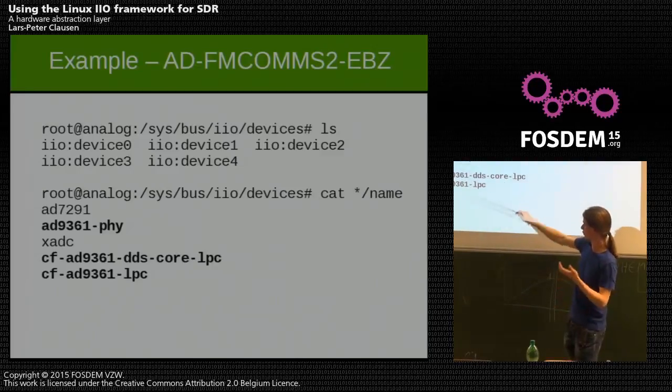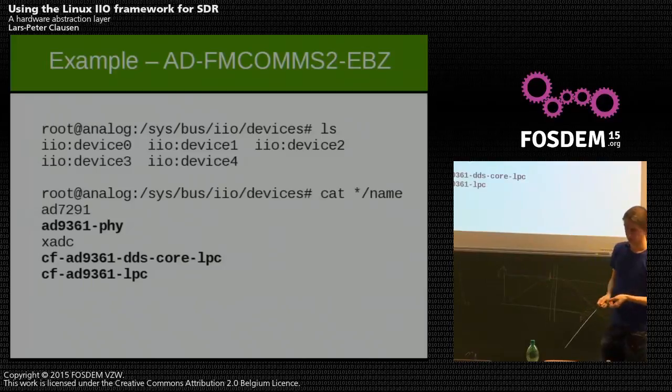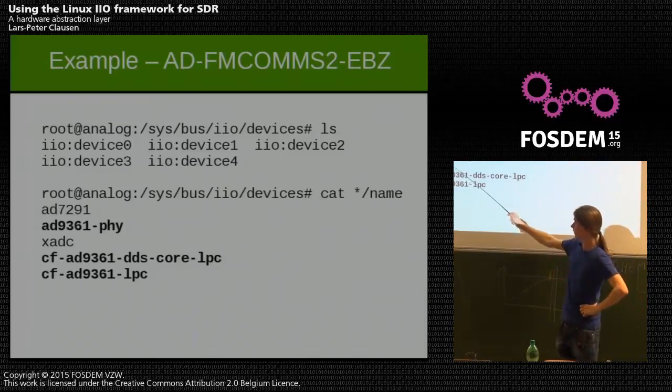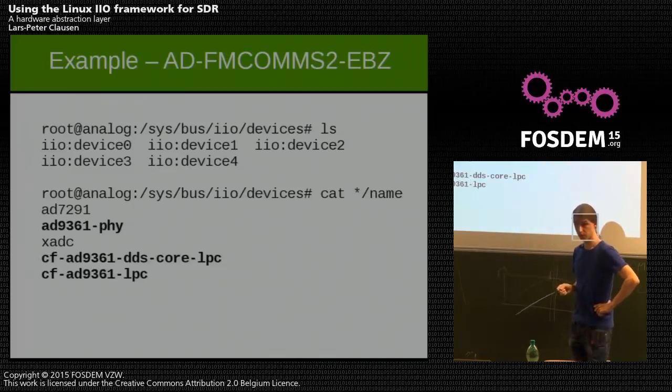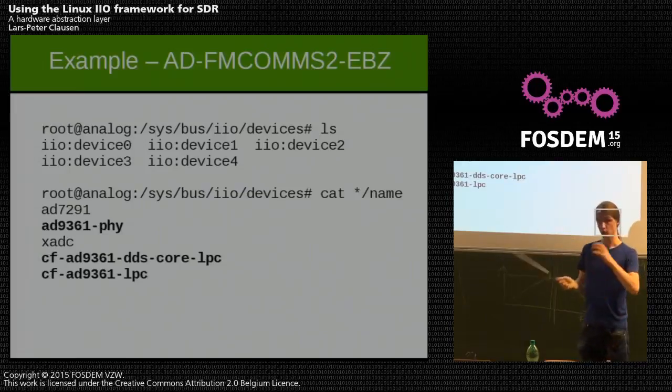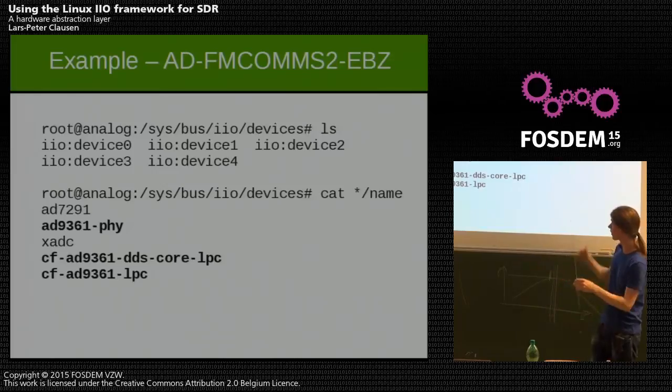This is a temperature and voltage monitoring chip that we have on the FMCOMMS2 board, but this is the device which corresponds to the AD9361, and this is the device that corresponds to the receive DMA block. And this is the one that corresponds to the transmit DMA block.